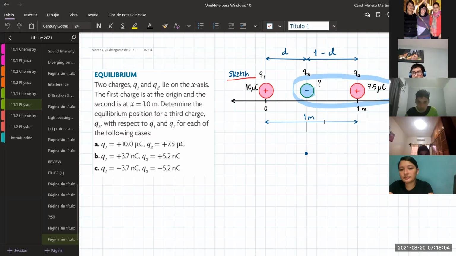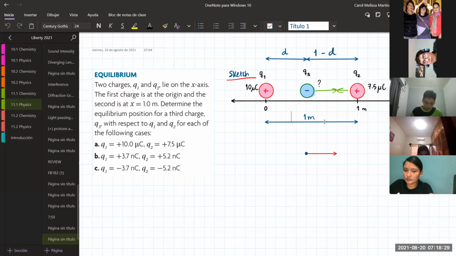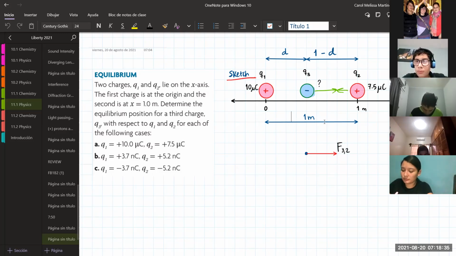So that means that my forces are going to come like this. They want to be together, like that. So my force comes in this direction. And I will call this force F32, because it is between Q3 and Q2.